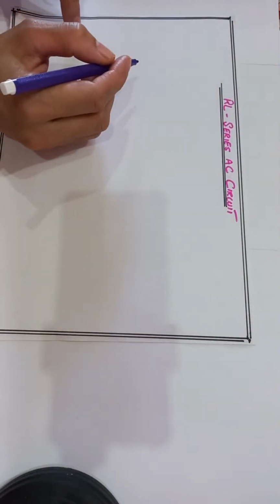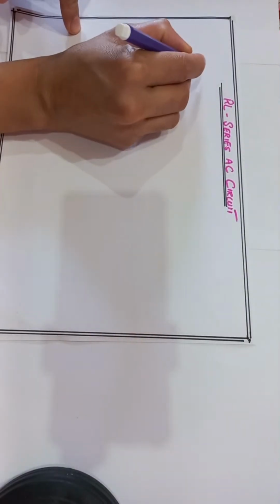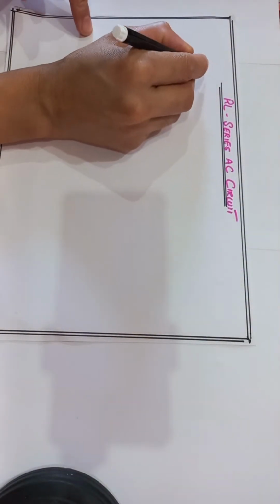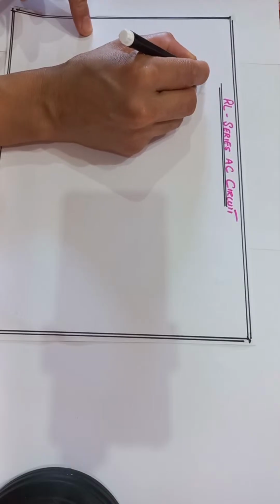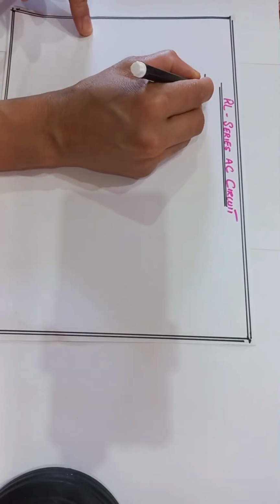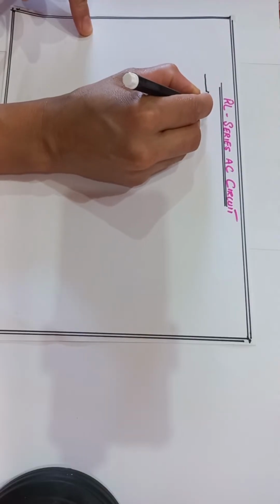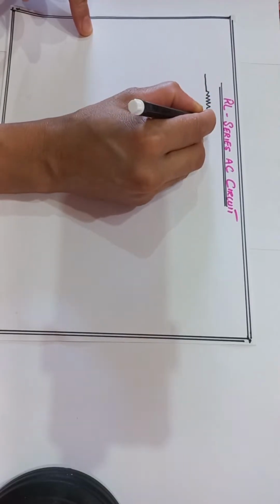Okay, in the RL series circuit we take the resistor R and inductor L in series, and across them we apply the AC source. Here the resistor R is connected with the inductor.